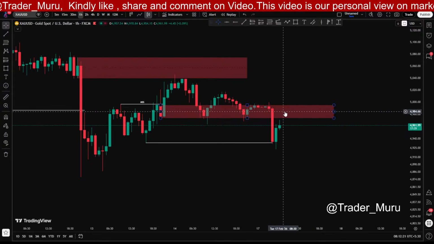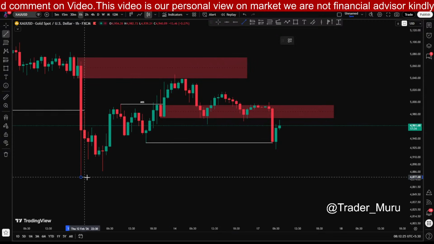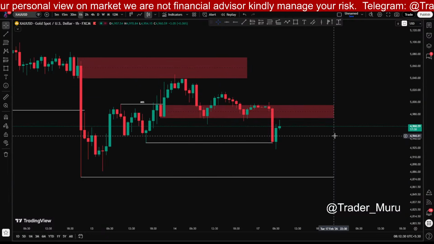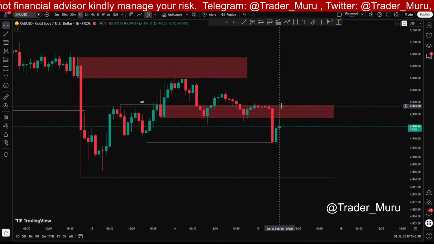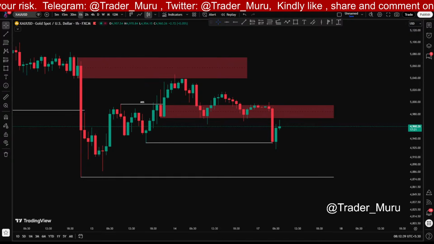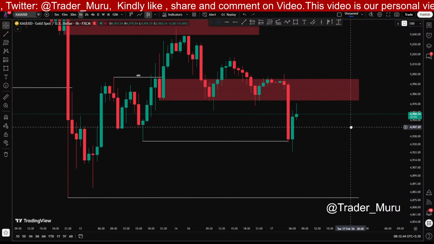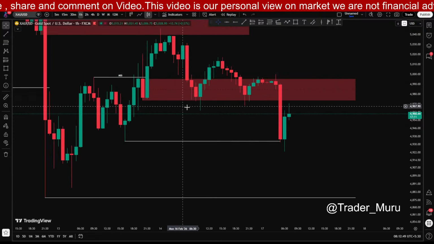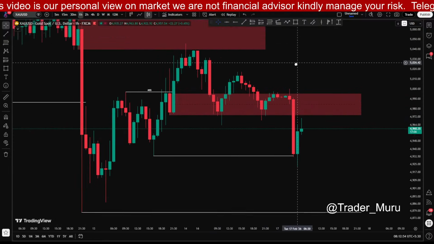So the test here will be a good area for a short opportunity, and the target will be this low. Okay, so I'm just waiting for this area. Possibly I will get it near about the NY session, because there is no possible zone before that. In the 1-hour time frame, this is the area from where it should be dropping.